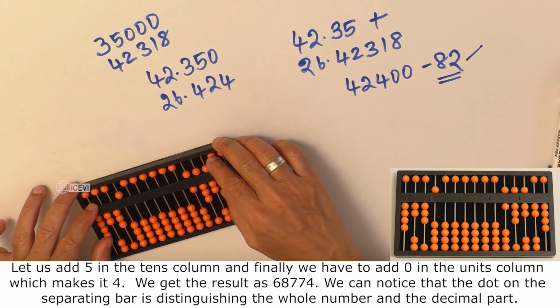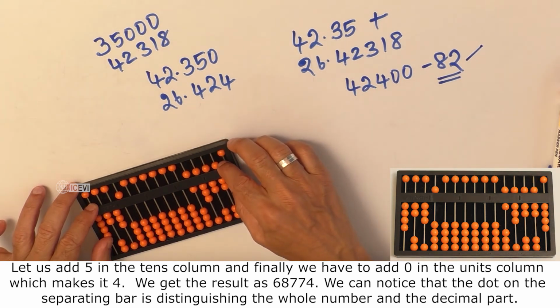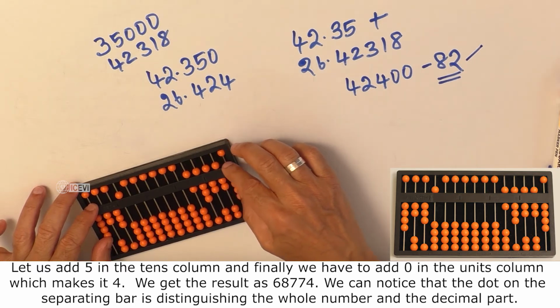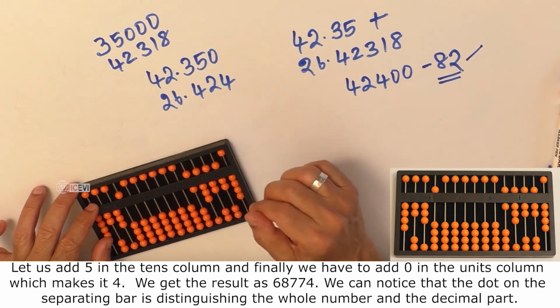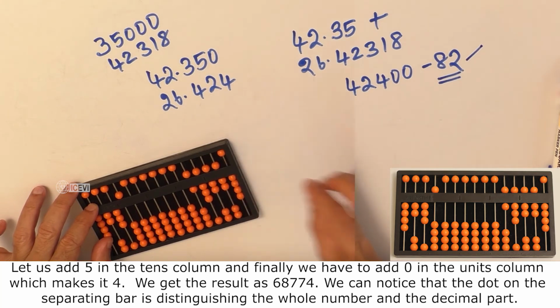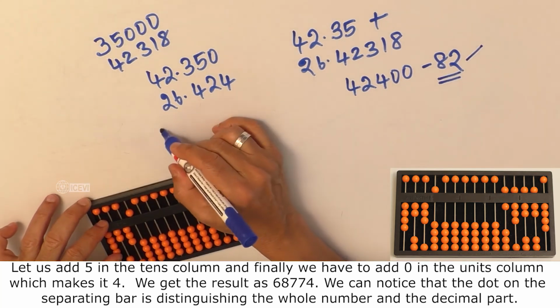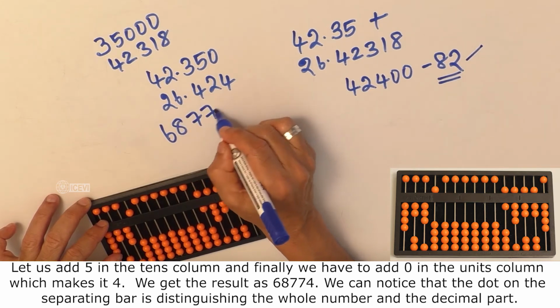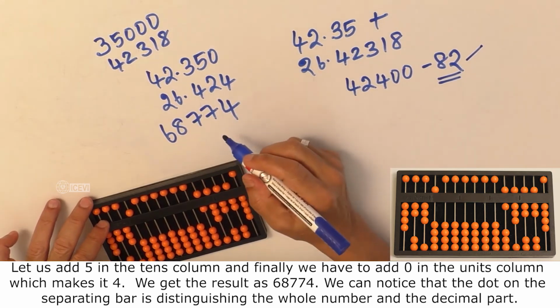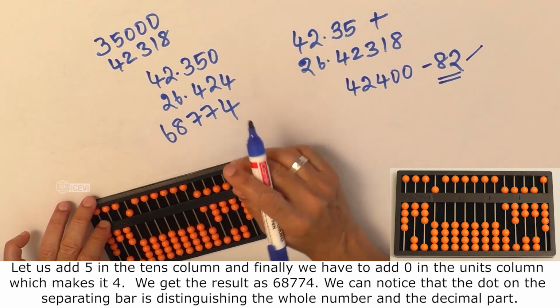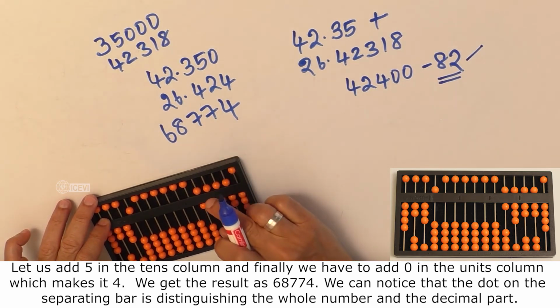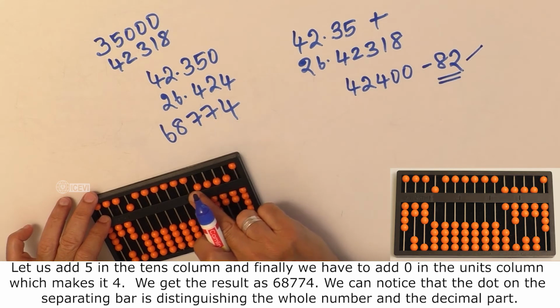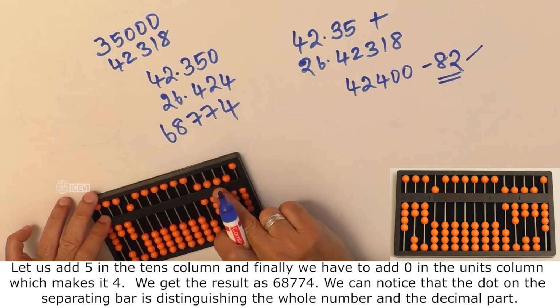Let us add 5 in the tens column, and finally we have to add 0 in the units column, which makes it simply 4. We get the result as 68,774. We can notice that the dot on the separating bar is distinguishing the whole number and the decimal part.